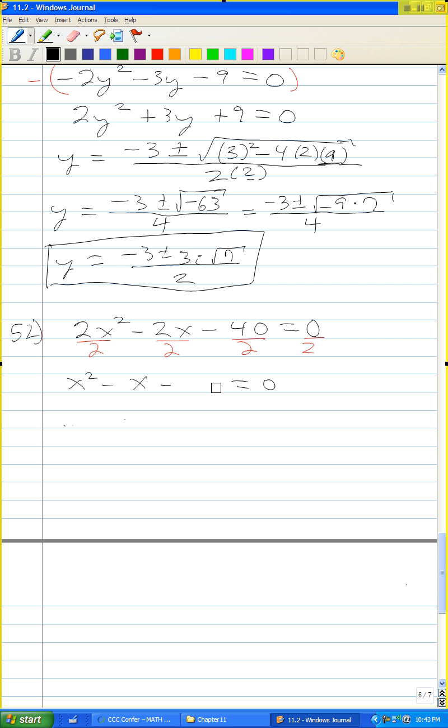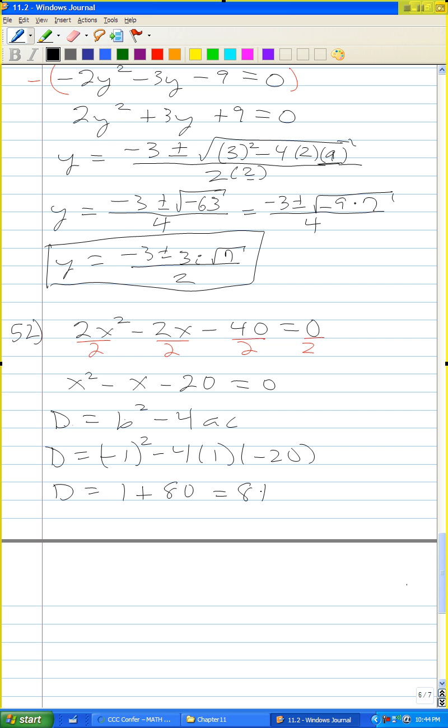So the discriminant is just equal to b squared minus 4ac. So d is equal to 1 plus 80, which is 81. That's a perfect square.